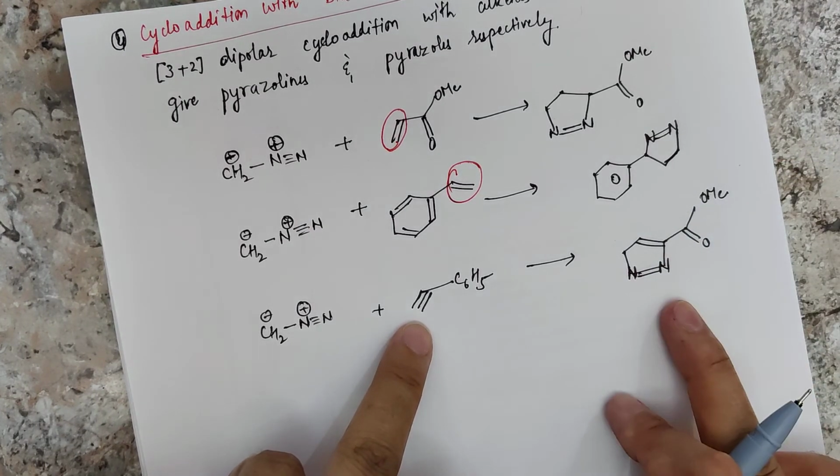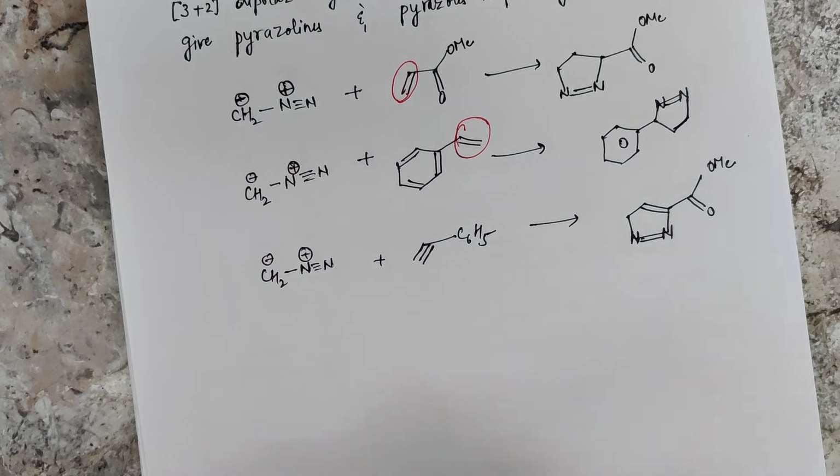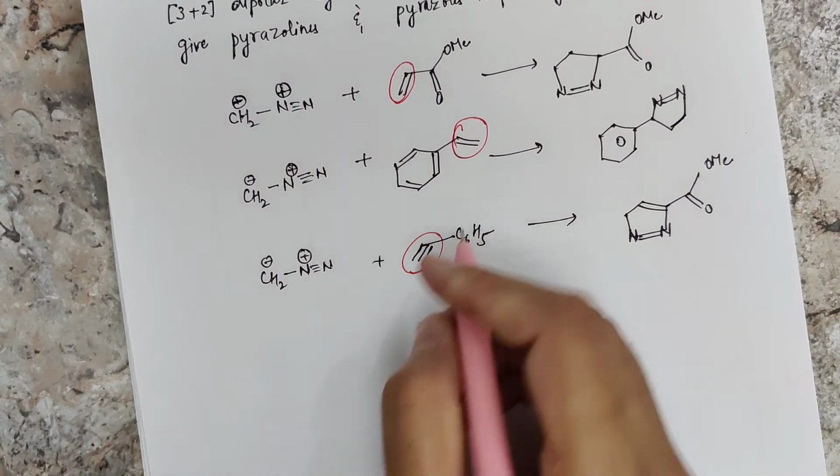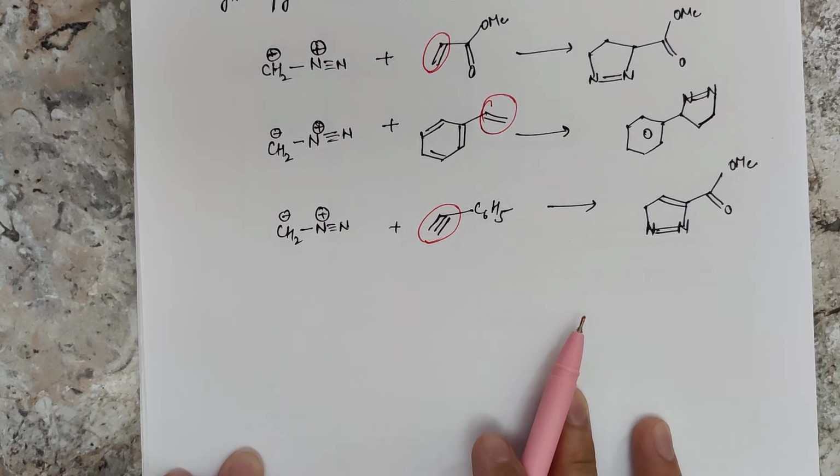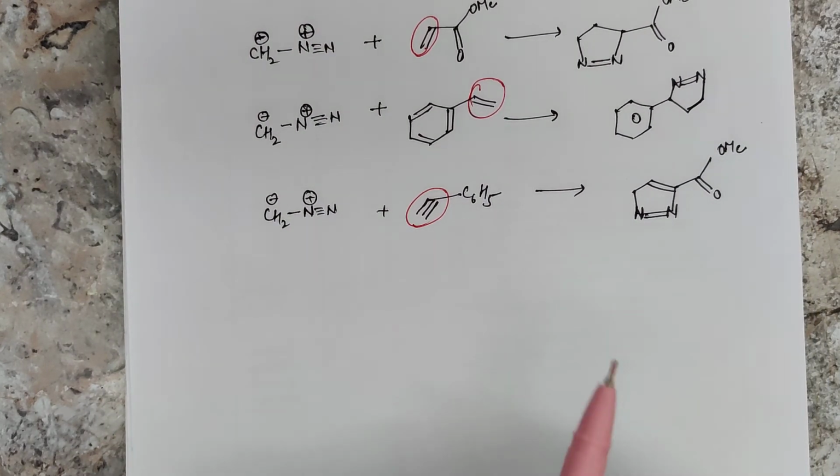This is your pyrazoles. So these kind of reactions are shown in which a 5-member ring is formed by diazomethane on reaction with alkene or alkyne.